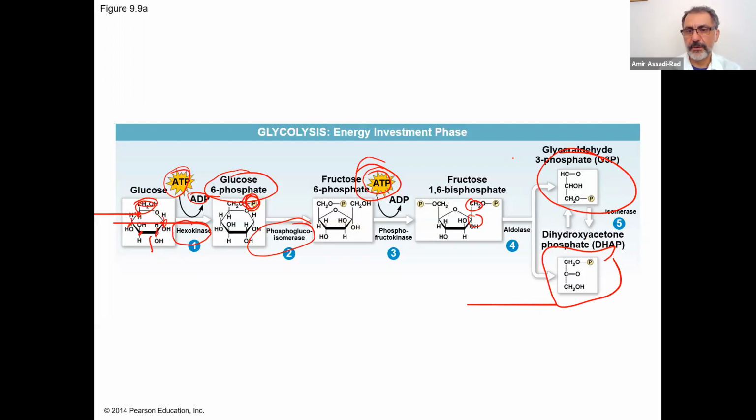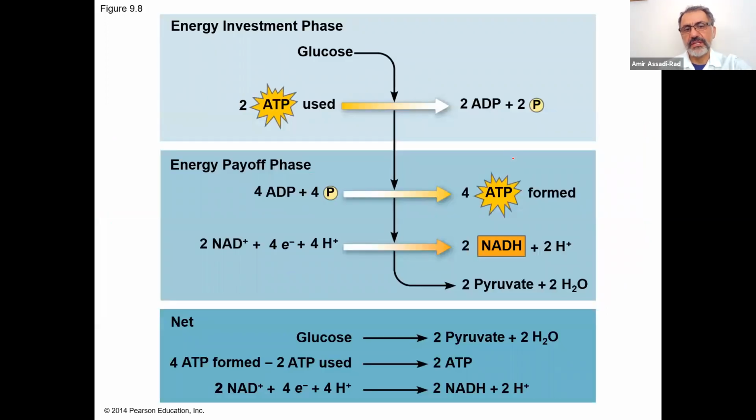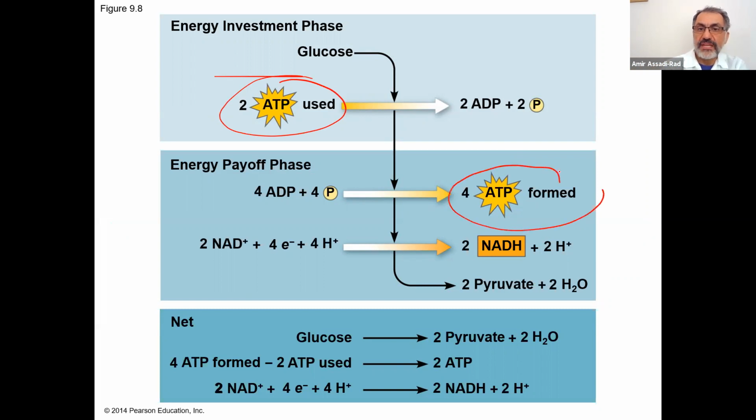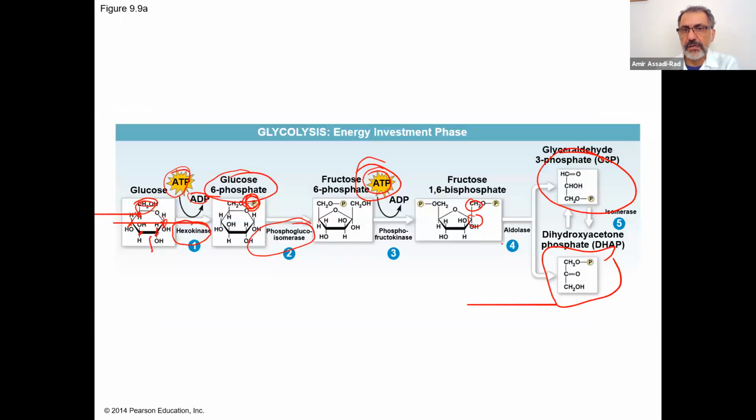And that's what this picture, this slide, is trying to give you: an overall view of what's happening. When glucose breaks down to 2 pyruvate, at the beginning you need 2 ATP, but at the end it will give you 4 ATP, and also 2 NADH. But I went over the steps.